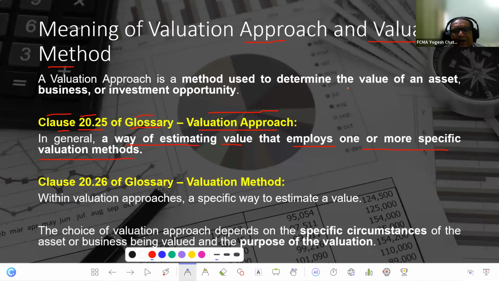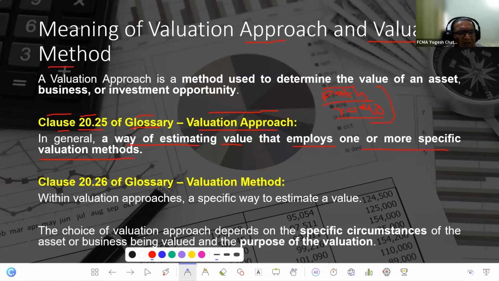So that is a path, a road to estimate the value of an asset. A valuation approach is nothing but a specific path, a specific road, of actually determining or estimating the value of an asset.